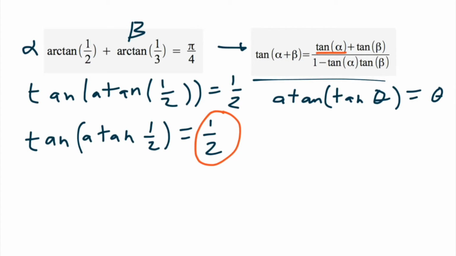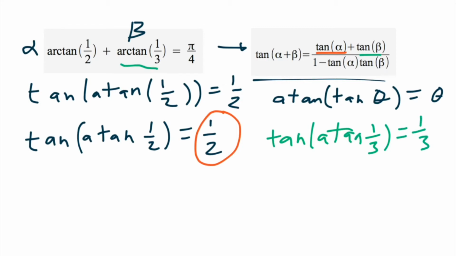Now, how about tangent of beta? I said beta is this one here. So if you take tangent of arctangent beta, you're just going to get 1/3. So tan of atan 1/3 is just going to be 1/3. You can think of tangent as undoing the arctangent, and you're just left with whatever's inside.